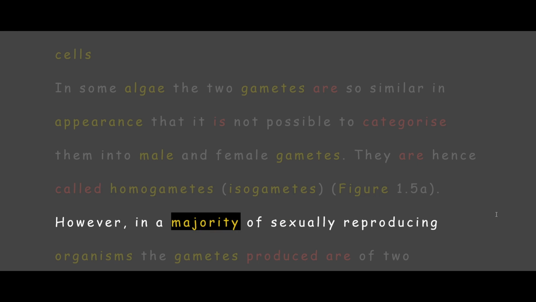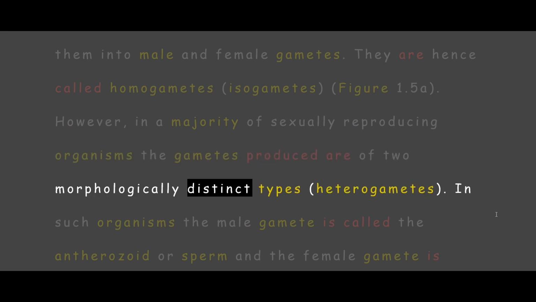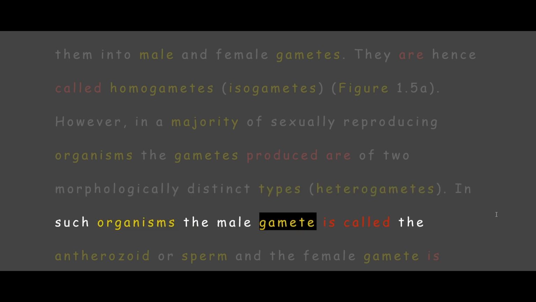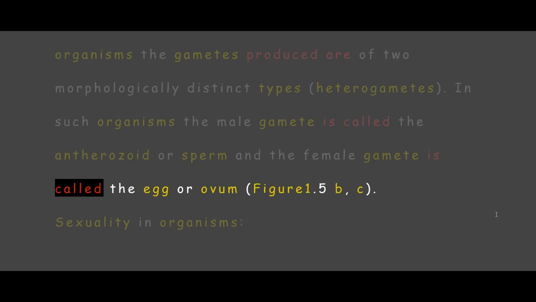However, in a majority of sexually reproducing organisms, the gametes produced are of two morphologically distinct types, heterogametes. In such organisms, the male gamete is called the antherozoid or sperm and the female gamete is called the egg or ovum, figure 1.5b, c.